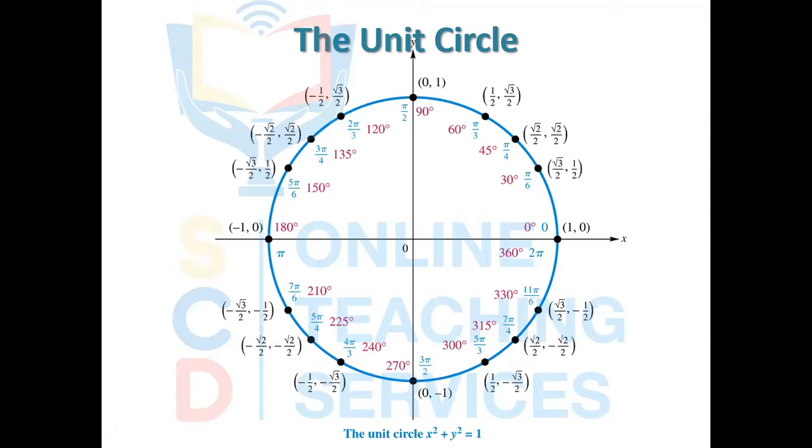This was actually taught to you, I think, in grade 7. I know the Cartesian plane is divided into 4 regions. You have the first quadrant, the second quadrant, the third quadrant, and the fourth quadrant.